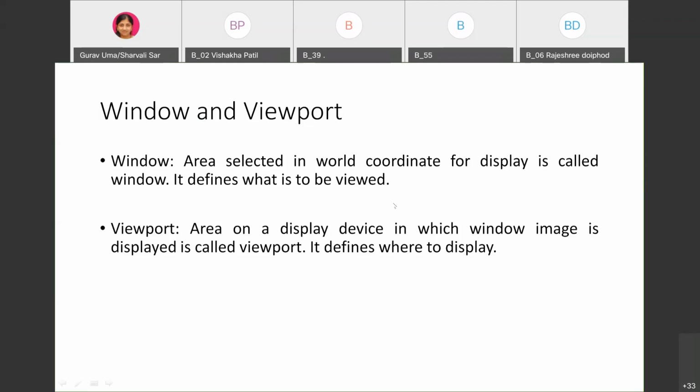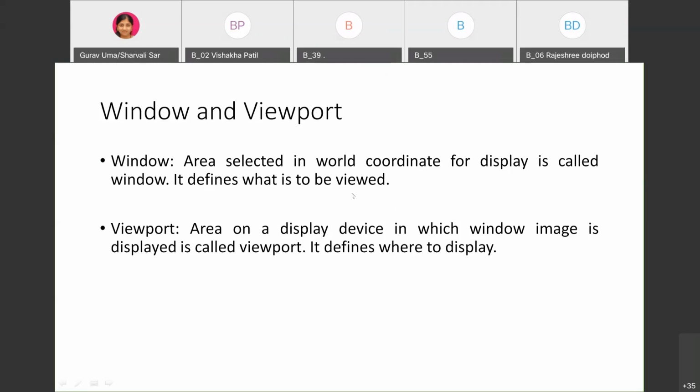So the real object, in the computer graphics, we will consider it as a world coordinate. So a window is nothing but area selected in world coordinate for display, and it defines what is to be viewed. Now suppose we have a house and a car in front of our window.